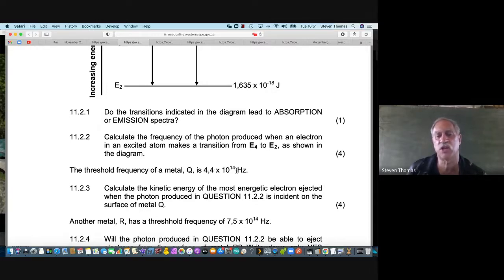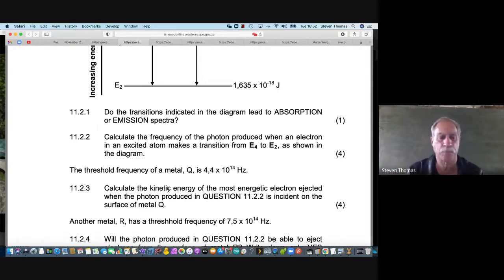We subtract the work function from this amount of energy of the photon. So the photon's got a certain amount of energy. The threshold frequency changed into energy by multiplying it by Planck's constant gives us the work function. Subtract the work function from this amount of energy, and all the rest goes into kinetic energy. So that's how we calculate the kinetic energy here.